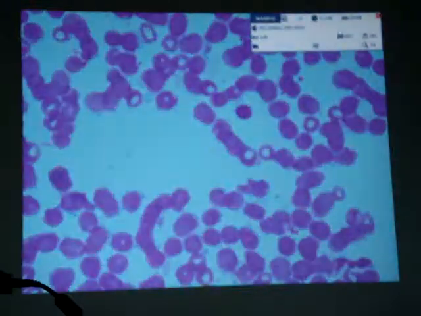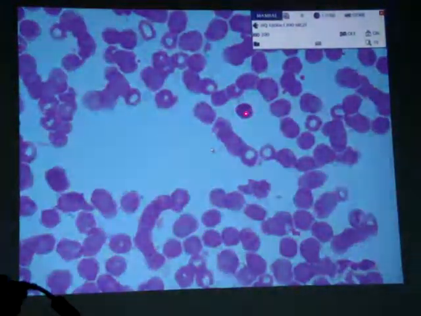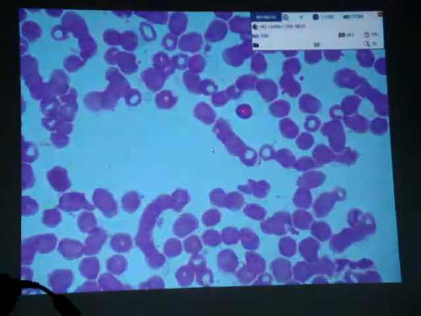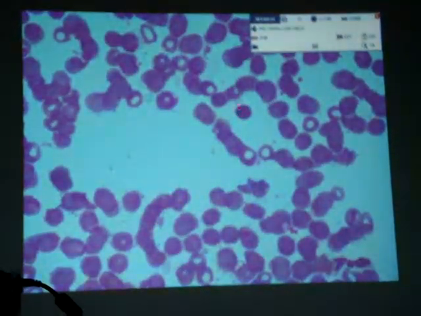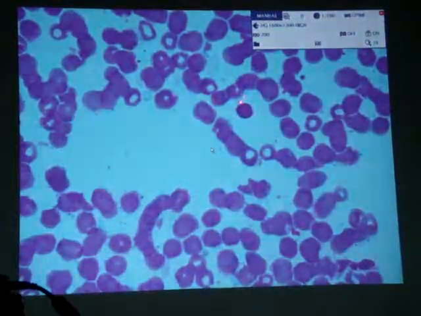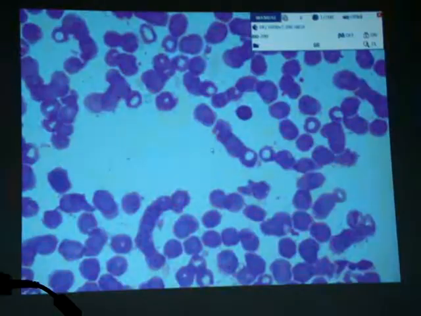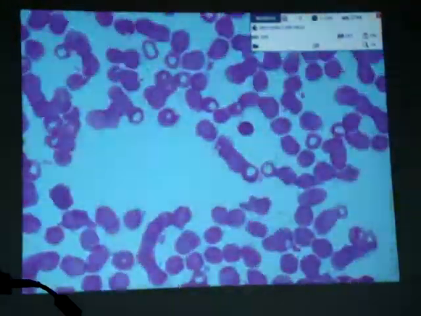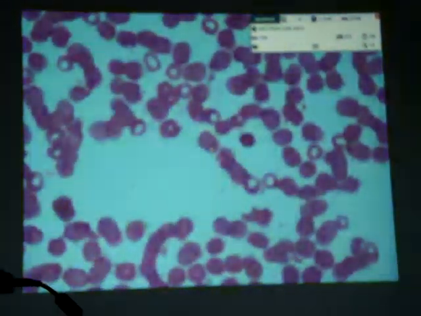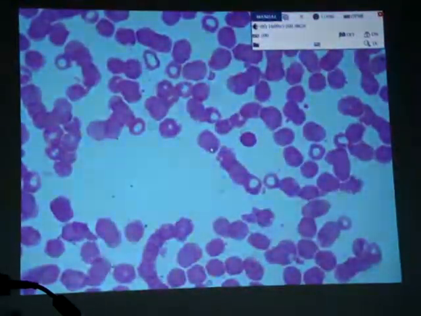Now, if you want to assess the size of the red cells, we will use the size of the nucleus of that white blood cell. So, anong tawag sa white blood cell na nakapoint? That is a lymphocyte. What is the characteristic shape of the nucleus of a lymphocyte? What is the shape of the nucleus of that cell? Round.